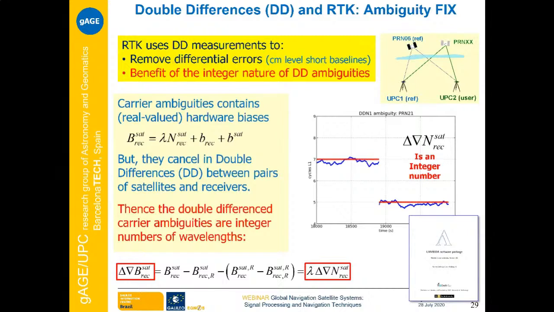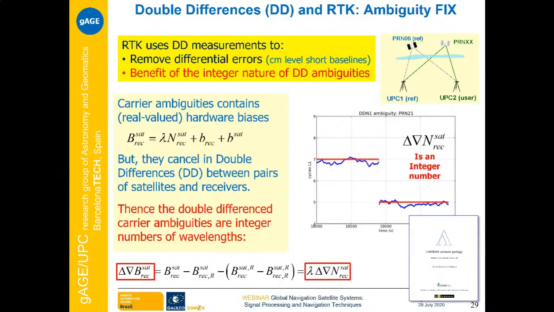But in the case of carrier, we use double differences in order to take benefit of the integer nature of the ambiguities. What does it mean? Well, this is the content of the ambiguity term. This is the ambiguity that we have to estimate, the ambiguity we have to fix in order to repair the carrier.